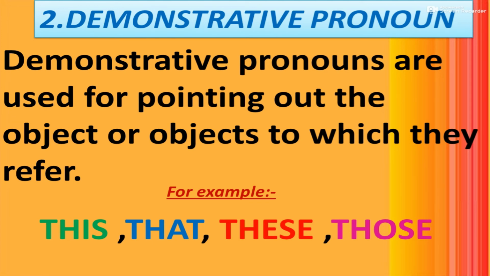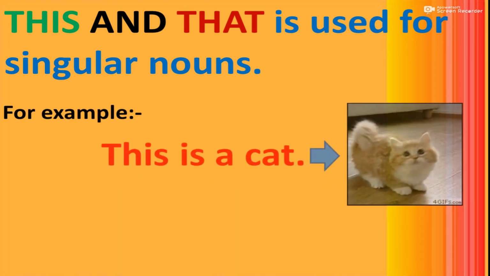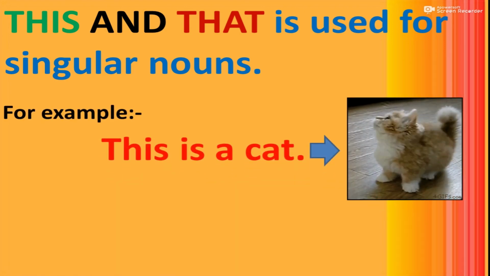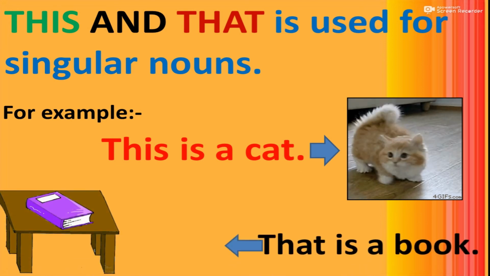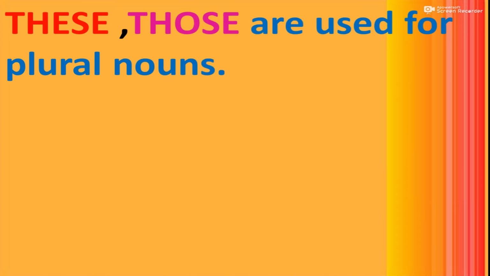Demonstrative pronouns are those pronouns that are used to point out specific persons or things. Okay? This and that are used for singular nouns. For example, this is a cat. That is a book. These and those are used for plural nouns.